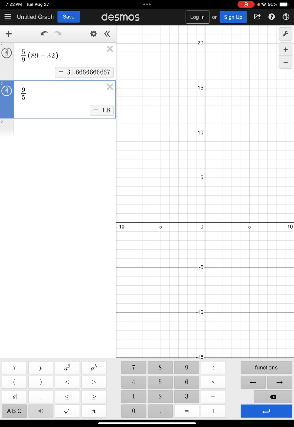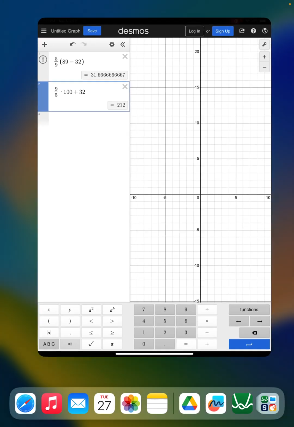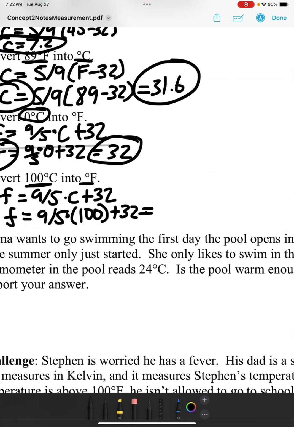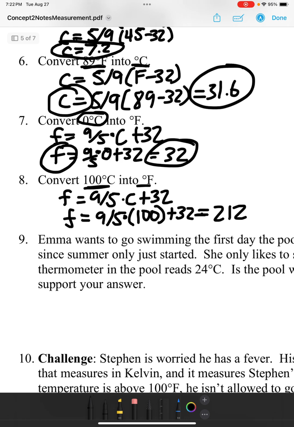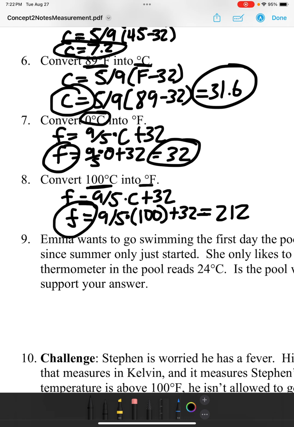And then I'm going to click off so that it will keep typing. Times 100 plus 32. That's 212 degrees. Okay, so I'm just going to flip back over here. That means that 100 degrees Celsius is the same as 212 degrees Fahrenheit.